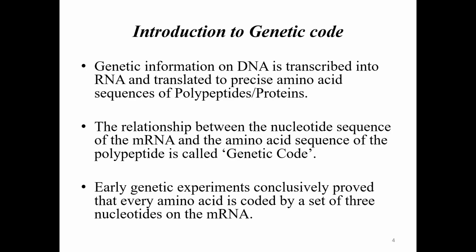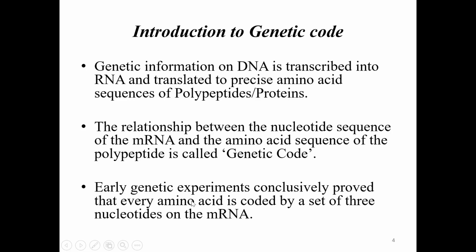So, what is genetic code, students? The relationship between the nucleotide sequence of the mRNA, that is messenger RNA, and, on a polypeptide chain, the amino acid sequence. The relationship between these two is known as genetic code. I hope you have understood what exactly the genetic code is now.